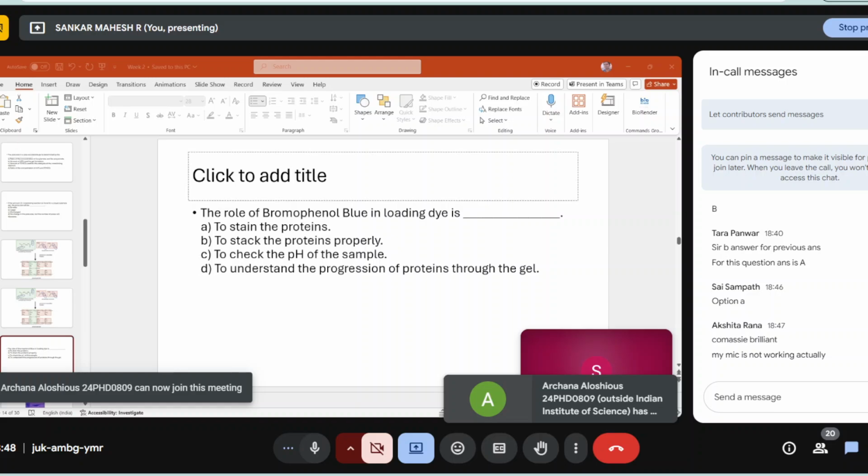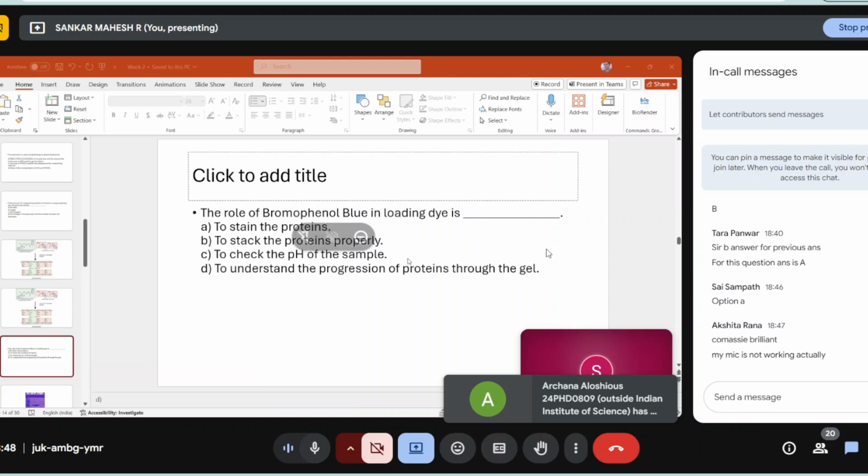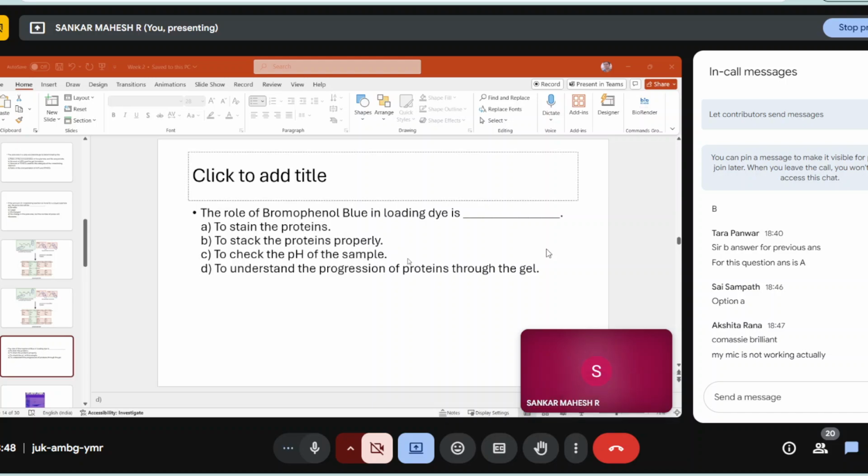Okay, first we'll eliminate the incorrect options. Checking the pH of the sample. So this is not a pH indicator. We are not checking the pH of the sample, and we don't care about the pH of the sample here because that would in no way affect what is happening within the gel. We have two defined pH within the gel.